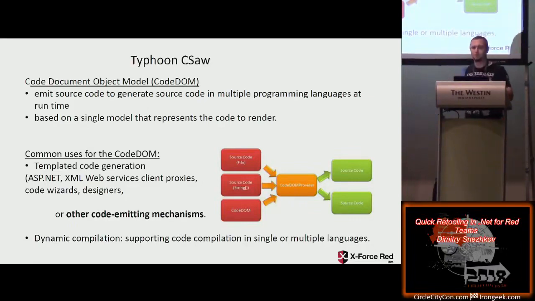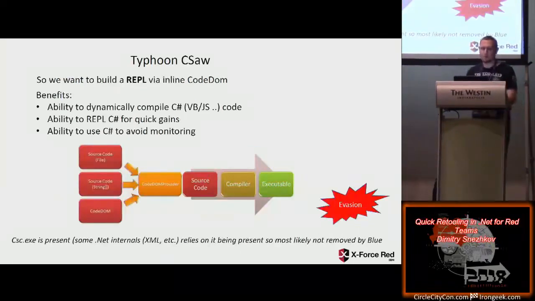You can merge other source code into it and compile it. For example, ASP.NET, XML Web Services, and code wizards in Visual Studio all use CodeDOM. So source code on top of source code, with the CodeDOM API compiling into either more source code or the end result, the executable. So we're talking about code emitting mechanisms here, okay?